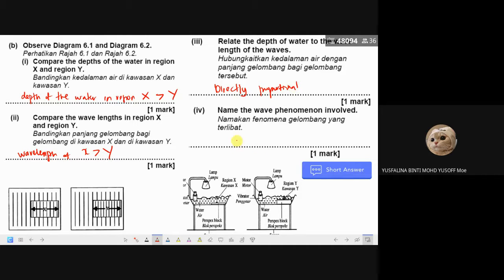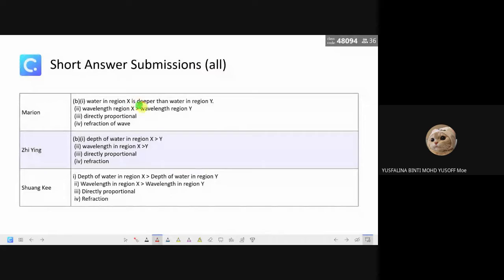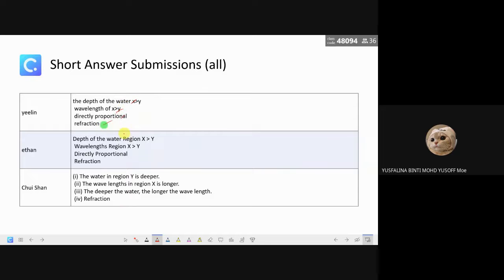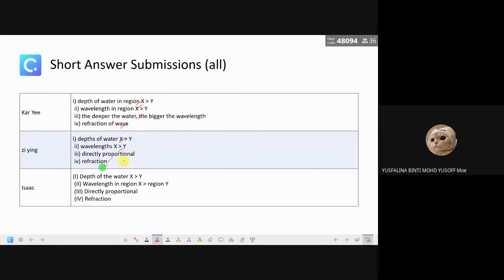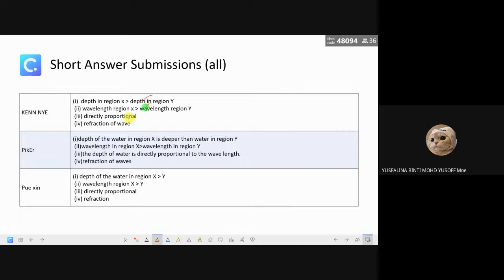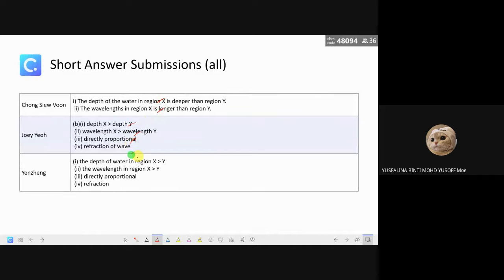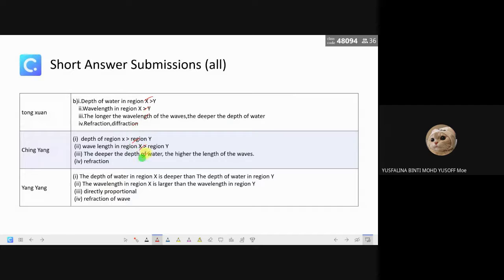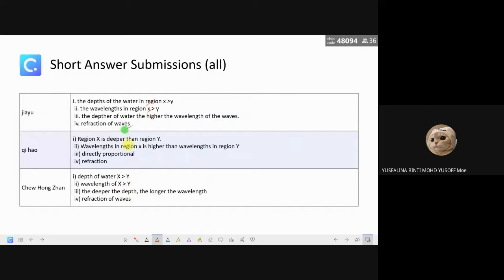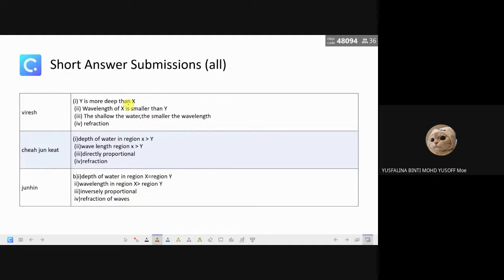So this is actually the refraction of wave. Okay, so let's check your answer. X is smaller.